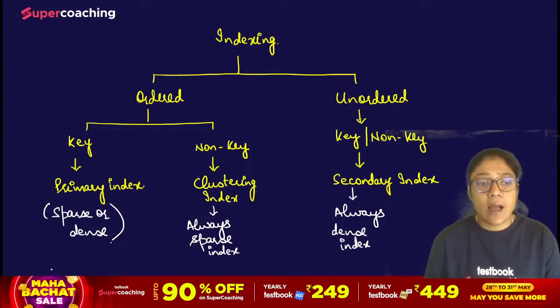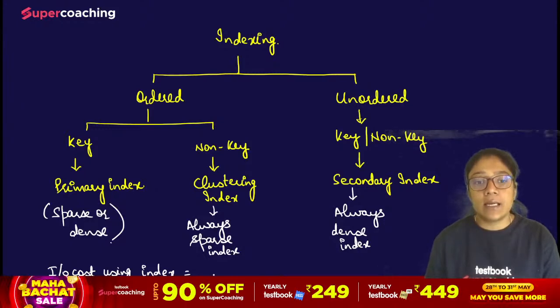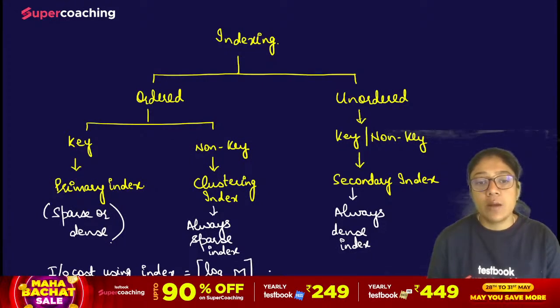And we know that the IO cost using index, यहाँ पे आपके पास single level index है, so it depends on the number of blocks in the index file. So that is log base 2 m, where m is representing the number of blocks in the index file.